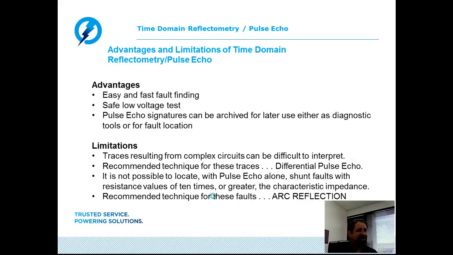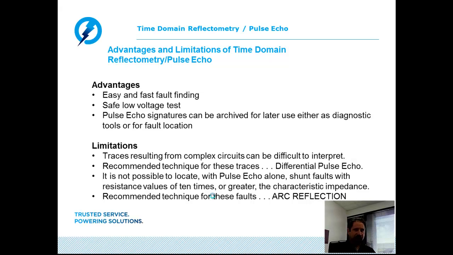Now, advantages of the pulse echo technique: it is relatively easy and it is fast fault finding. The reason why it is fast is you are viewing events on the time domain reflectometer screen. I don't have to be walking along the cable path tracking and looking for this fault.